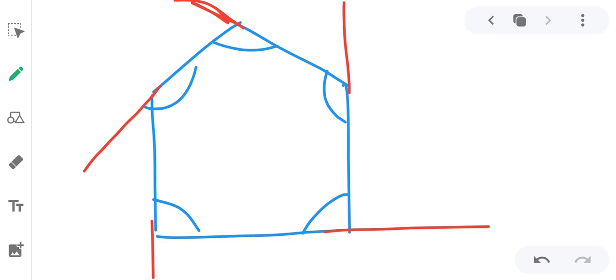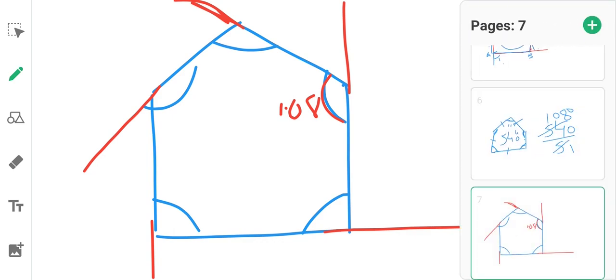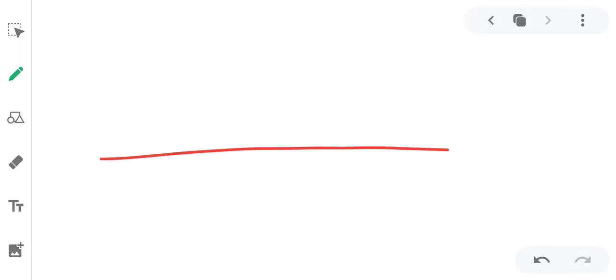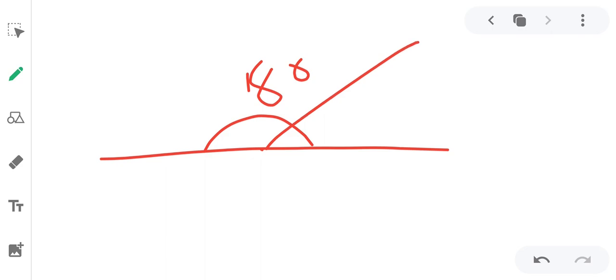So what is the measure of this angle? 108 degrees. And you know what is meant by a linear pair of angles? Say for example, this is a line segment. What is the measure of this angle? This is 108 degrees. If we divide this angle into two parts, these two angles together are equal to 108 degrees.